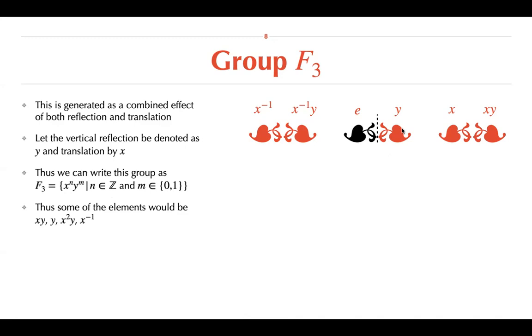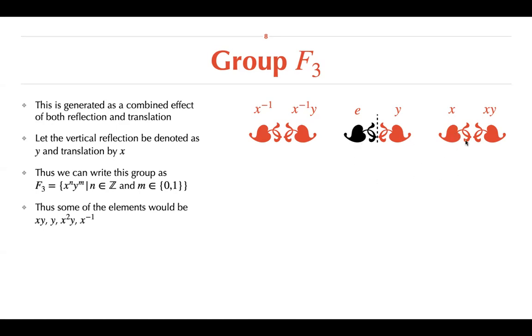For example, if you consider Y, Y is just the reflection about the vertical axis. That would mean that this black becomes this red. Very easy to understand. And now you can also perform translation on this by operating it with X. If you do that, this comes here.